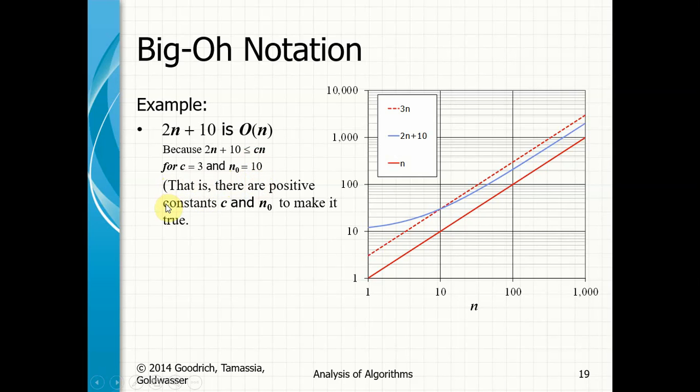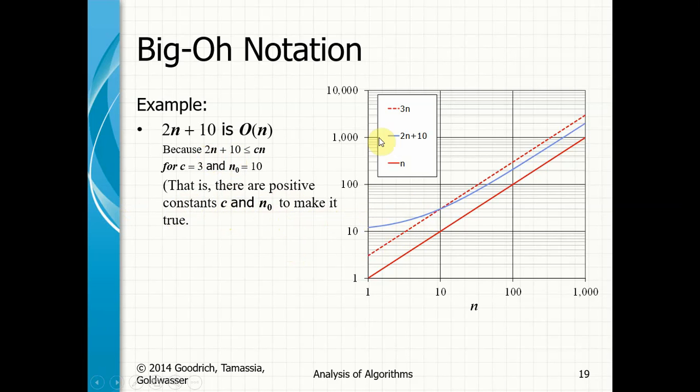Now remember, when we do a computational analysis, we are not doing the mathematics to try to strike c or n0, but it will give you an understanding of the mathematical background of how we can implement this analysis of algorithms. The key point is there are positive constants c and n0 that make the statement true.